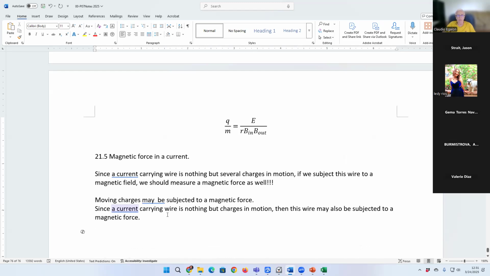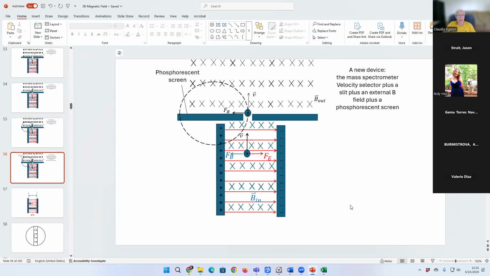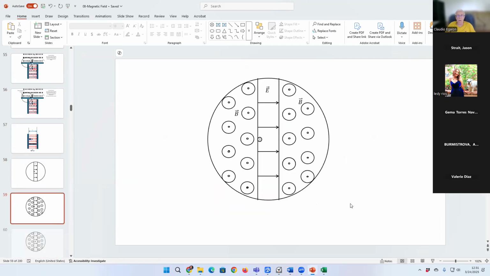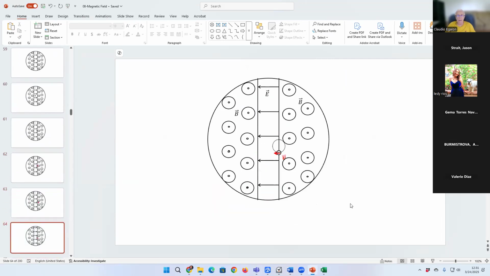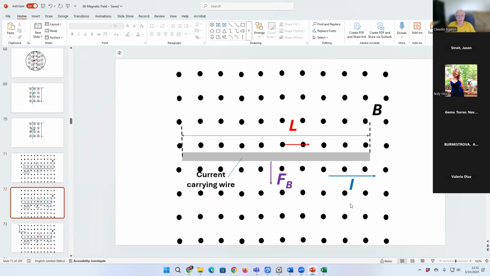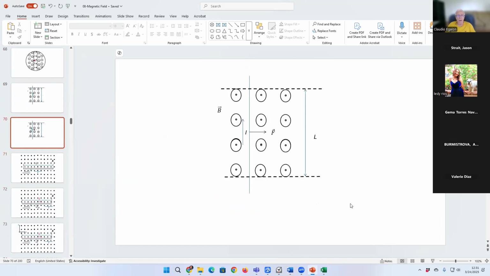Just another way of saying exactly the same thing. And let's see if we have a drawing here. That's something else that I'm skipping. Okay, right in here.